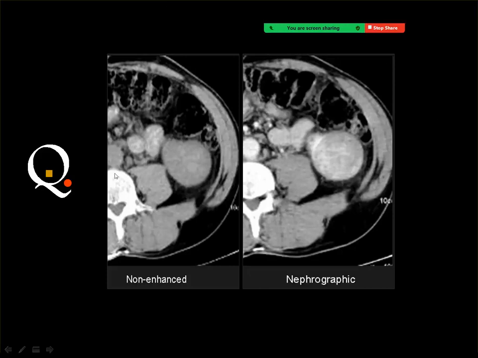Okay, and there is a solid mass in the lower pole of the kidney, and this mass is almost homogeneously enhancing.